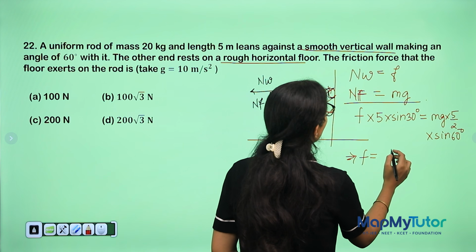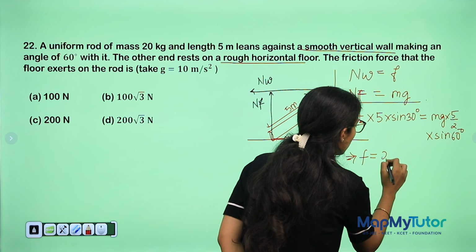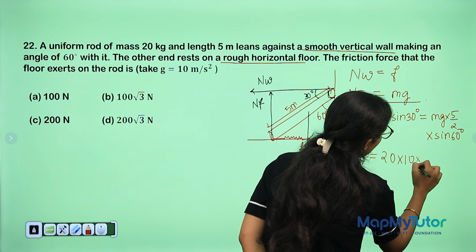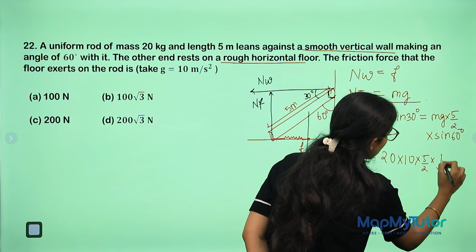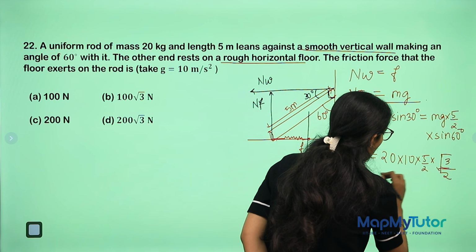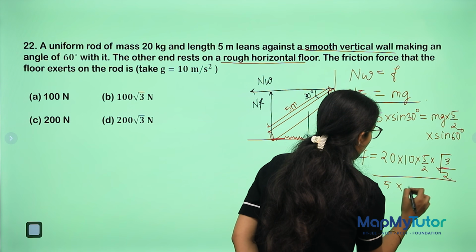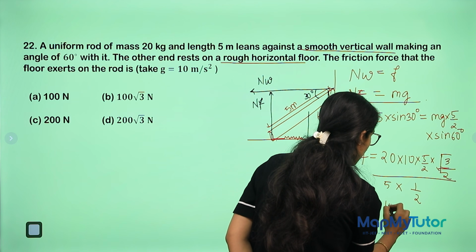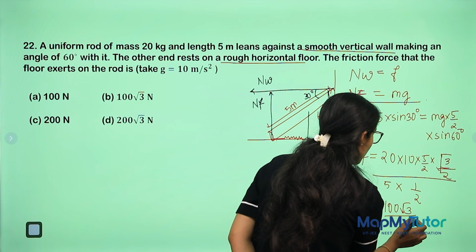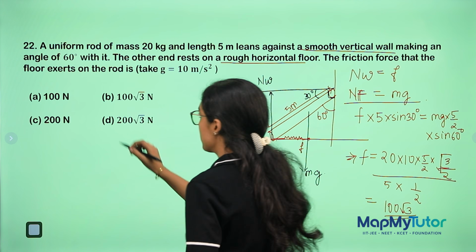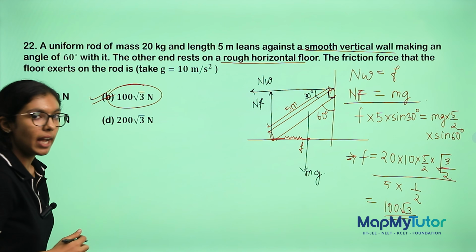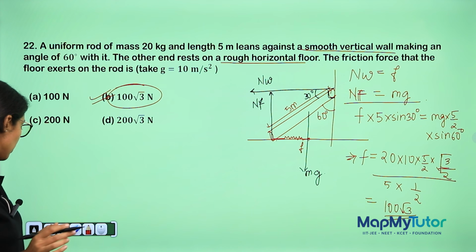So mg is given as 20 into 10 into 5 by 2 into root 3 by 2 upon 5 into, so solve this, you will get your answer to be 100 root 3. That is, option B is correct. I hope it's clear. Moving ahead to the next question.